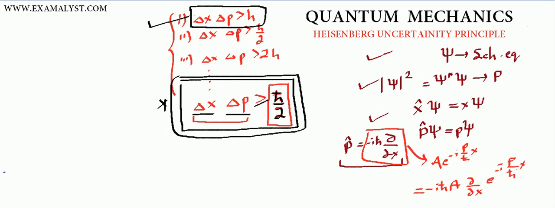So let us evaluate it here. We have a minus i h cross with an A, and then the differentiation will bring a minus i by h cross with p.